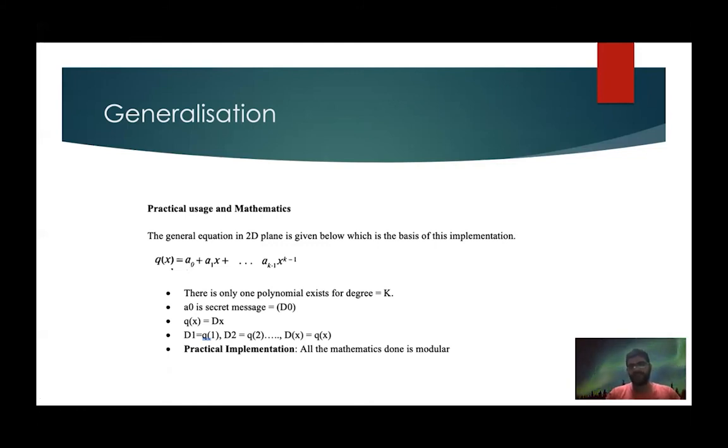We all know that if we don't have the values of all the variables, we cannot solve the equation. So let's say I have 20 people, but I have a k value of 10. I need any 10 values in that equation, and I will be able to generate a0. Practically, modular mathematics is used here to enhance the security of it.